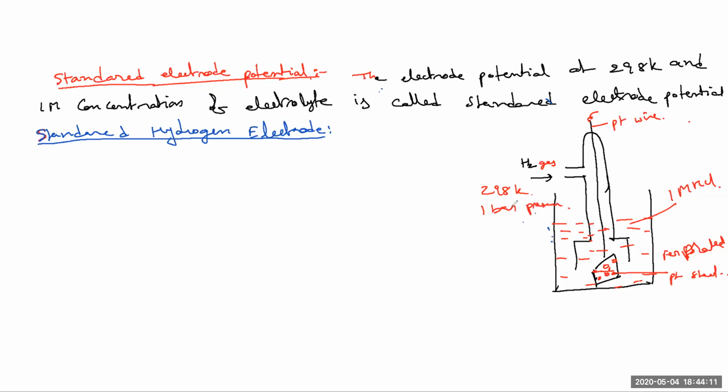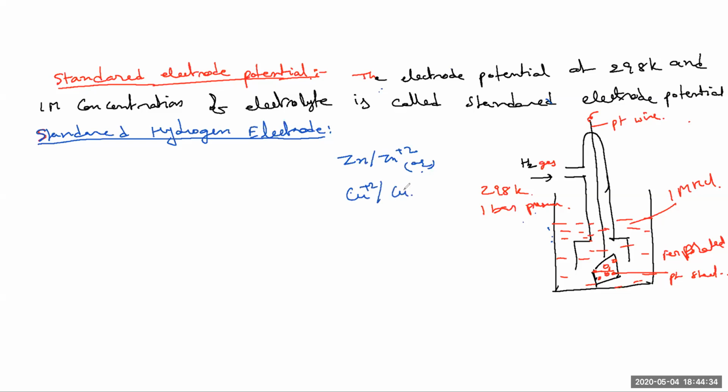Now listen, standard hydrogen electrode potential means, you know how to write the symbol of an electrode. Suppose it is a zinc electrode: Zn/Zn plus 2 aqueous. Or a copper electrode, Cu plus 2 slash Cu.